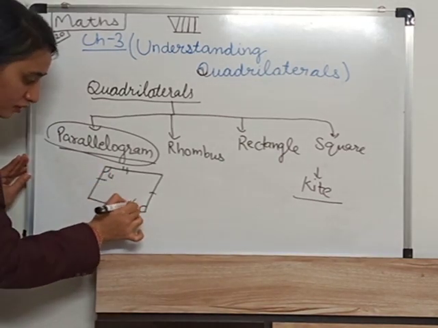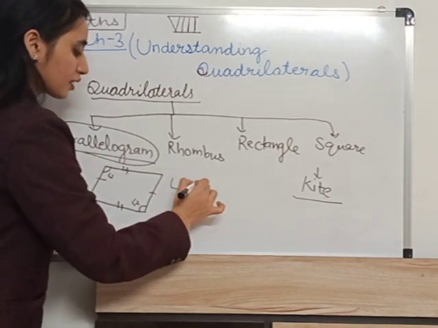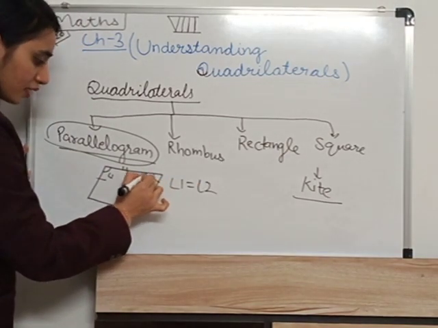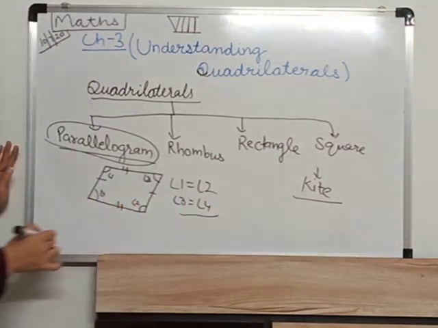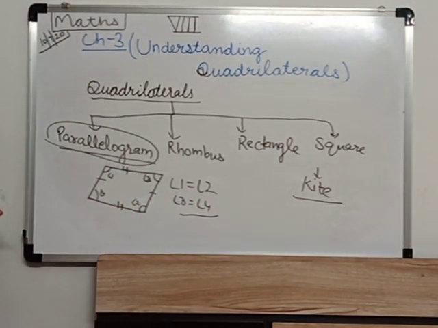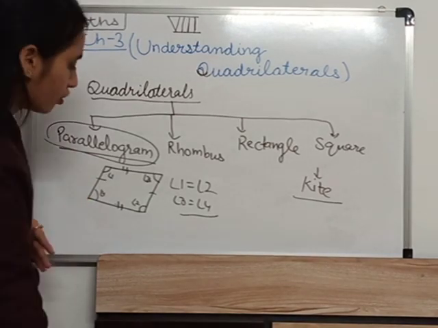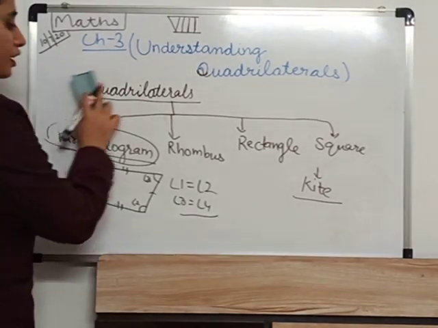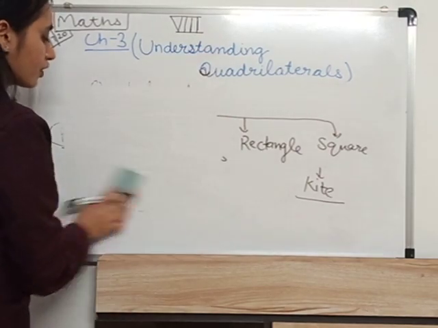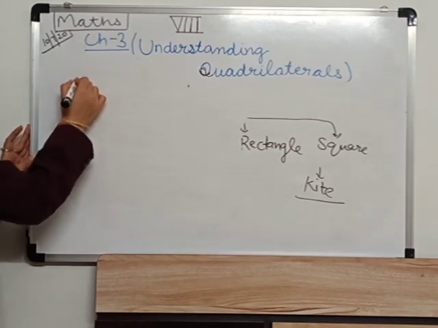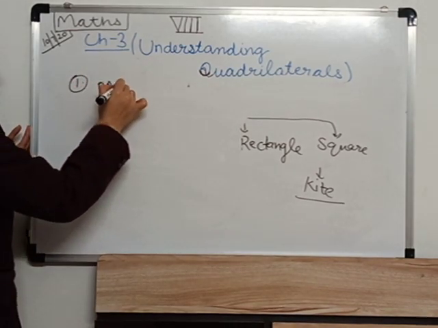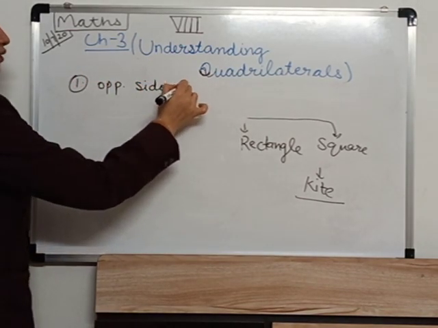Suppose this is angle 1, this is angle 2. Angle 1 is equal to angle 2 and angle 3 is equal to angle 4. So third property is diagonals bisect one another, means diagonals bisect each other. So what are the properties of a parallelogram? First one is opposite sides are equal.